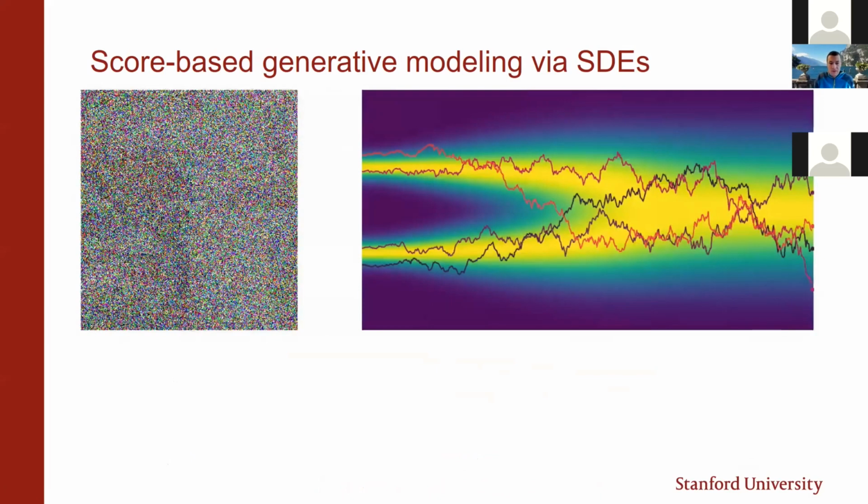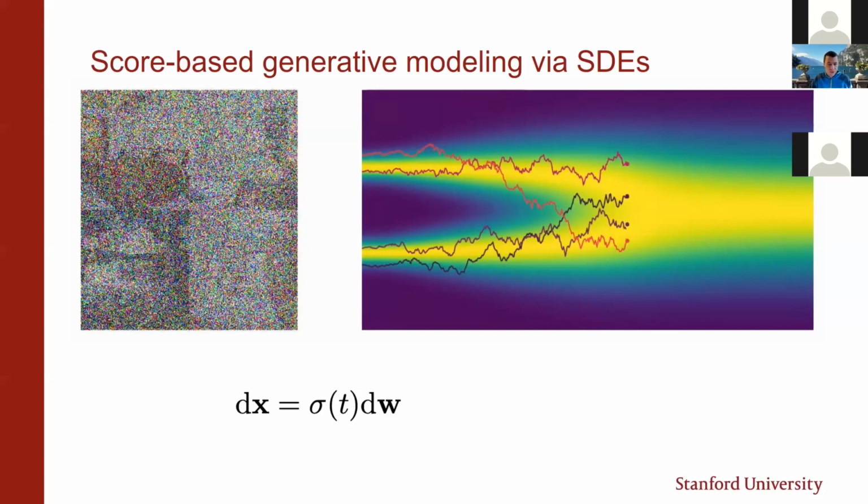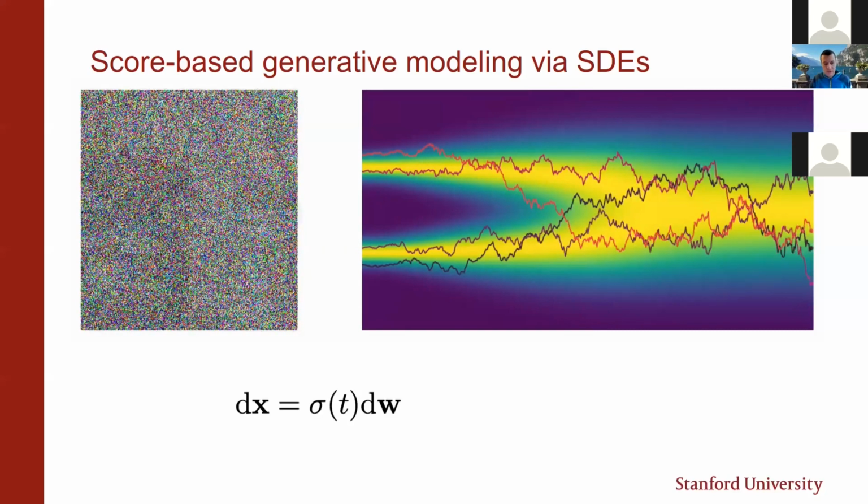You can describe that with a stochastic differential equation, where you start with a clean sample and then add increasingly large amounts of noise. It's not super important what the formula means, but it just means that you define a stochastic process where you start from data and add noise over time, and critically, this is a continuous process.